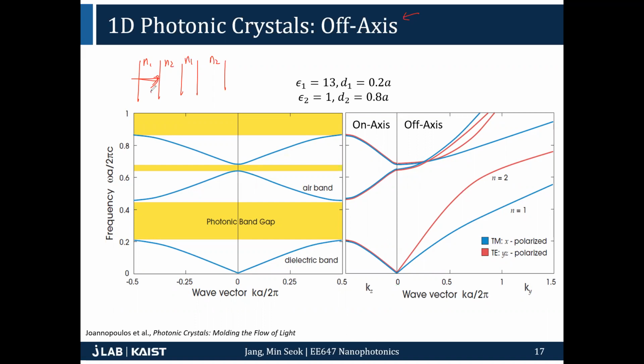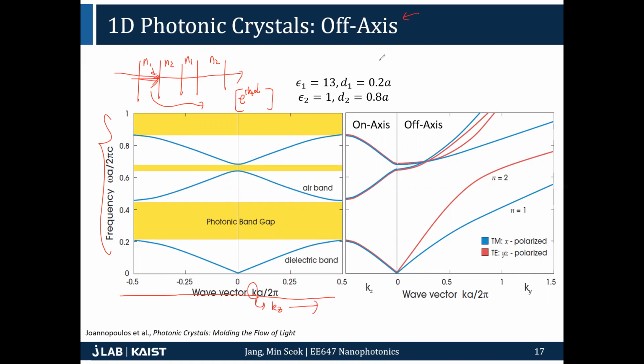And that's how we set our propagation matrix as e to the ikd, for instance, if this is d, right? But here, what we draw as a dispersion relation, this k vector is along kz, the propagation direction here.